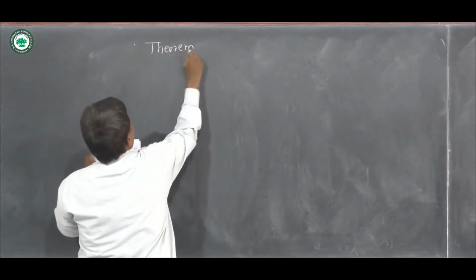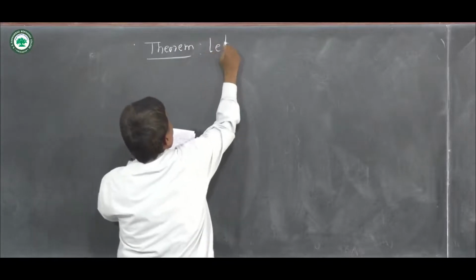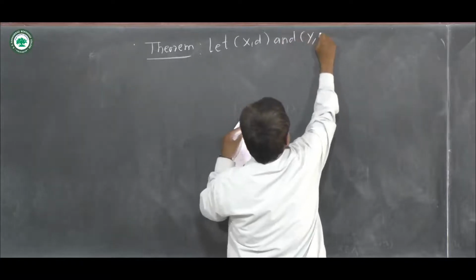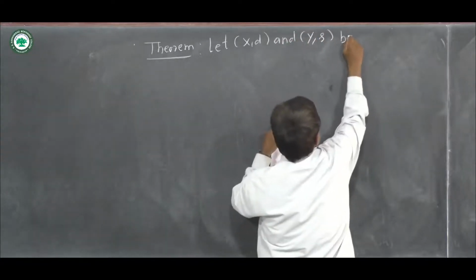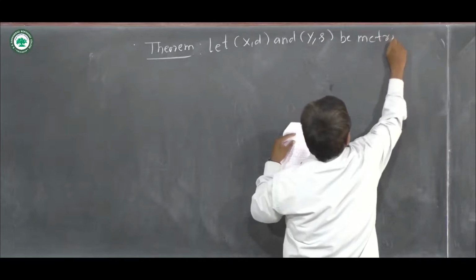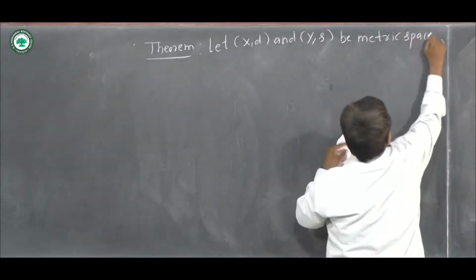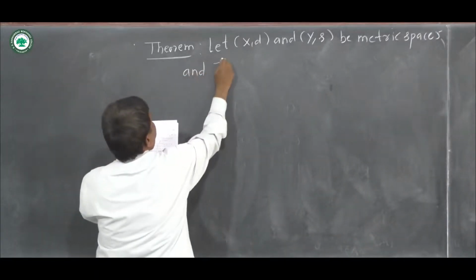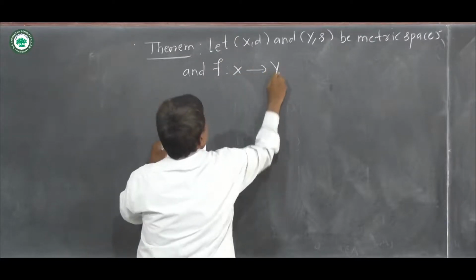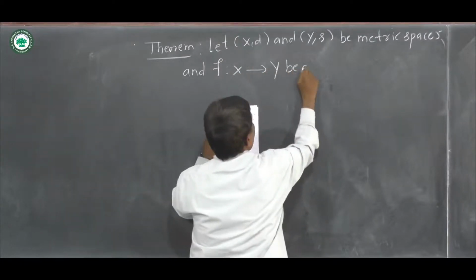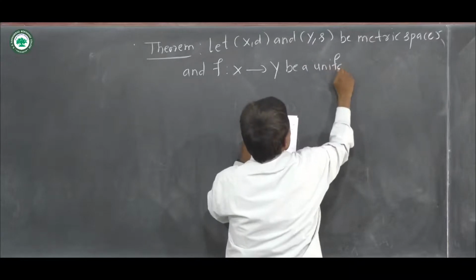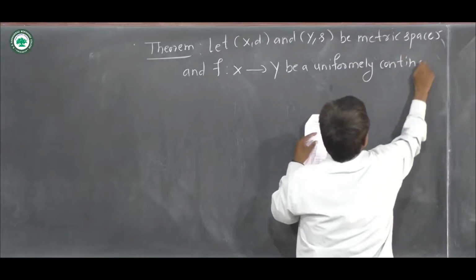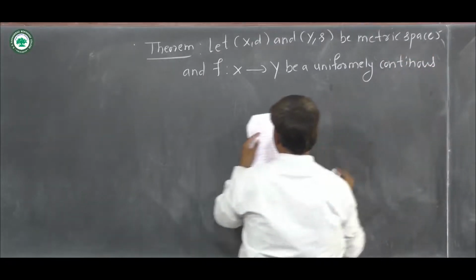Theorem: let (X, d) and (Y, rho) be metric spaces, and f from X to Y be a uniformly continuous function.